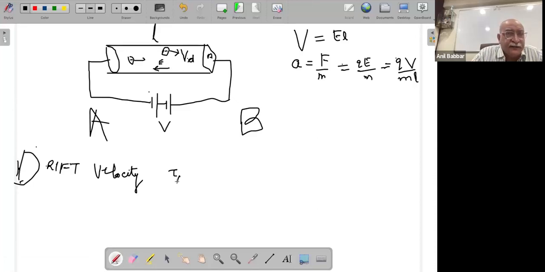In this time, the electron accelerates under the effect of the applied electric field from velocity, say, 0 to velocity v1.